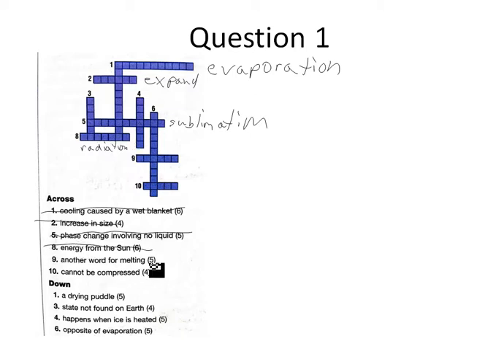Another word for melting. Number 9. Another word for melting is F-R-E-E-Z-E, freeze, melt and freeze.